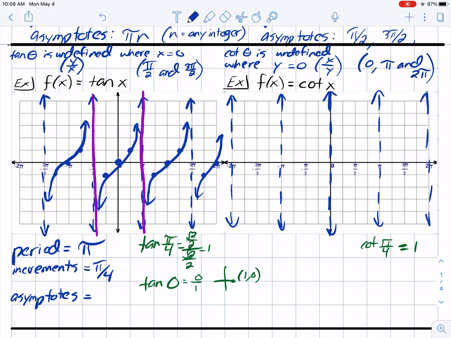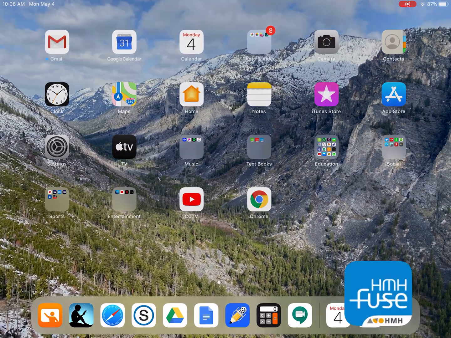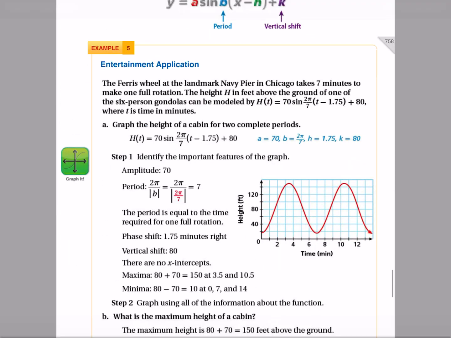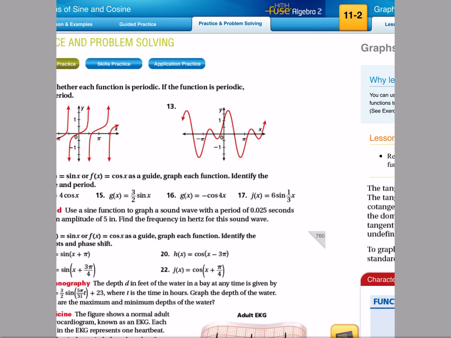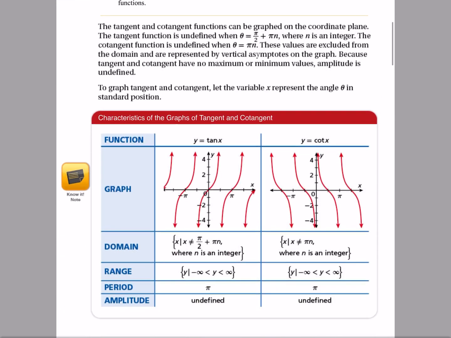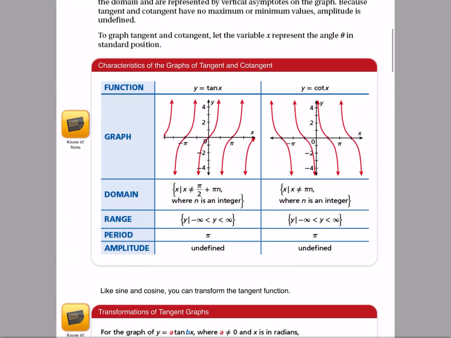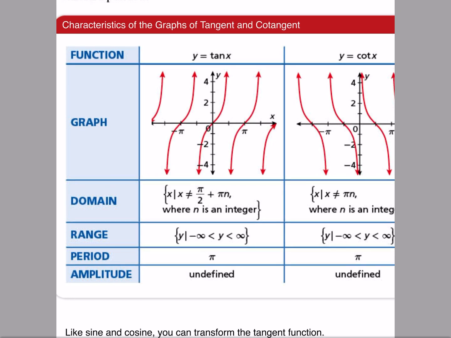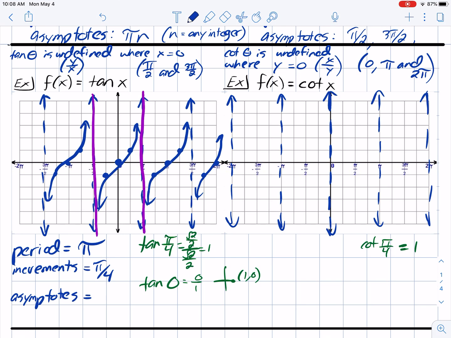Just want to make sure in our book I'm listing these out the same way that you should be doing. So our asymptotes, we should be listing them as, yeah, perfect. Pi over 2 plus pi n.